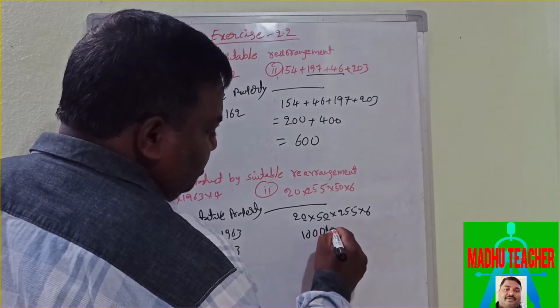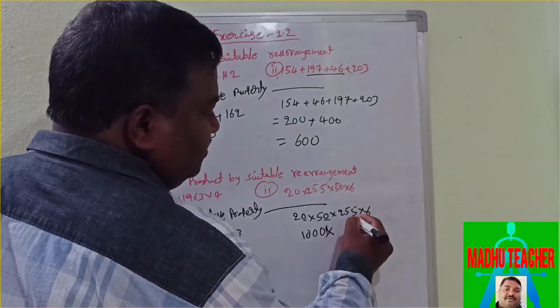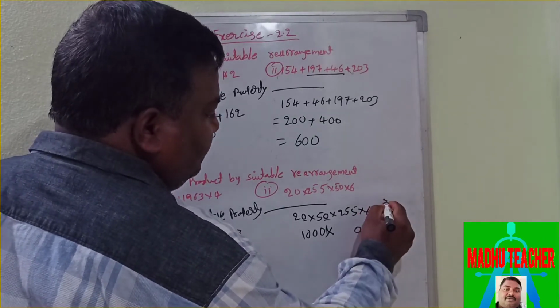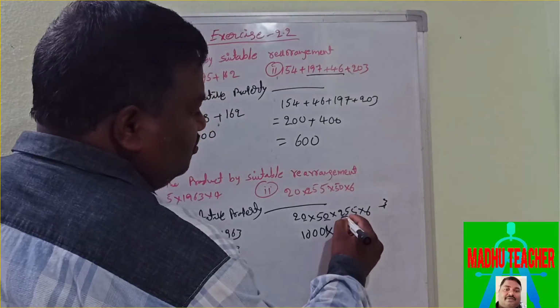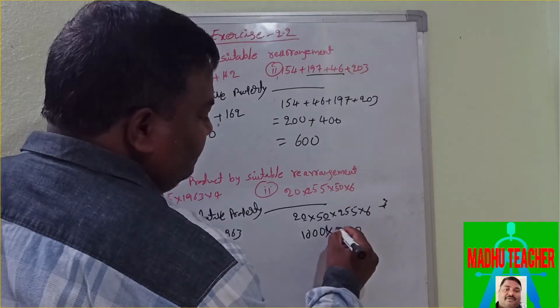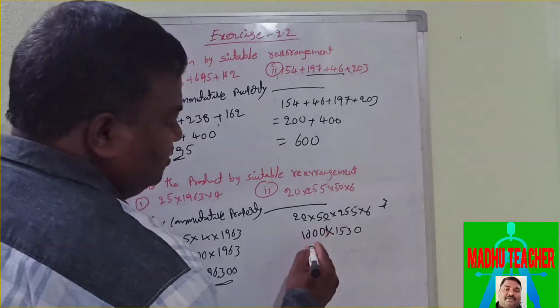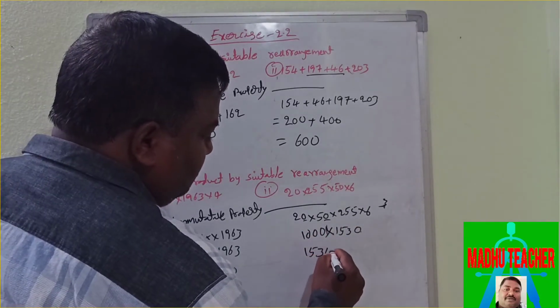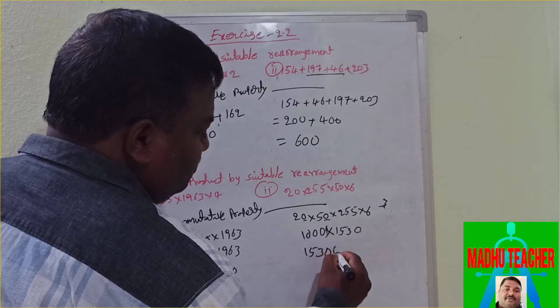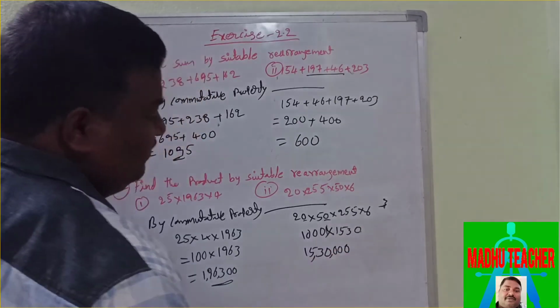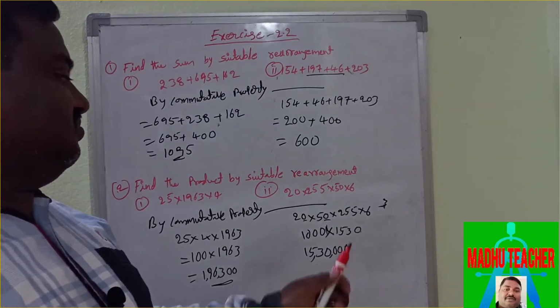Put 2 zeros into 6 5s are 30. 6 5s are 30 plus 3, 33. 6 2s are 12. 12 plus 3, 15. So 1530 into 1000, we'll get 1530 with 3 zeros. 15,30,000 is the answer.